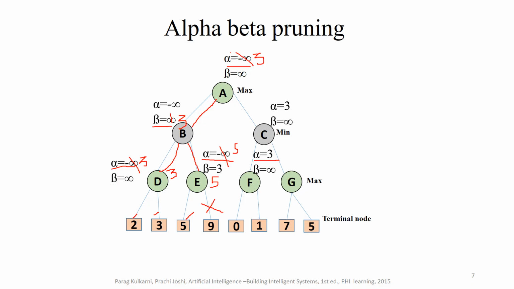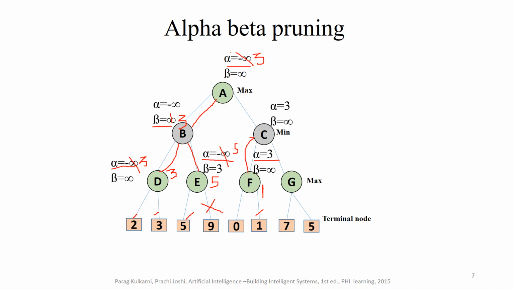Then you compare it with the right child 1. Again max of 3 and 1 is 3. So alpha still remains as 3 only. But the node value of F will become 1, because it's a max, so it checks the max of the values, it's 1. Now node F will return this node value to node C.